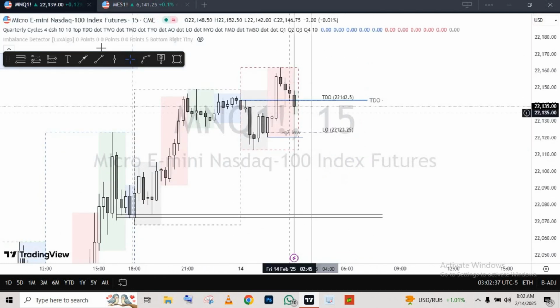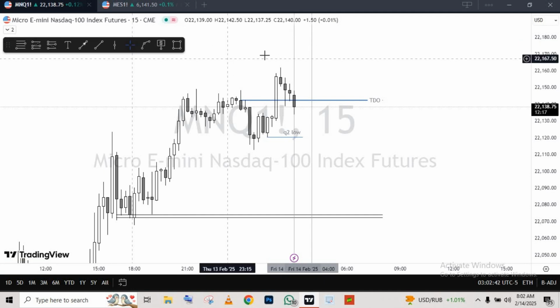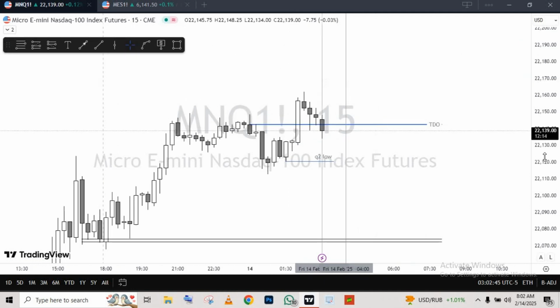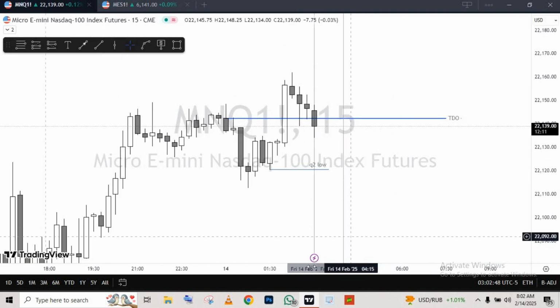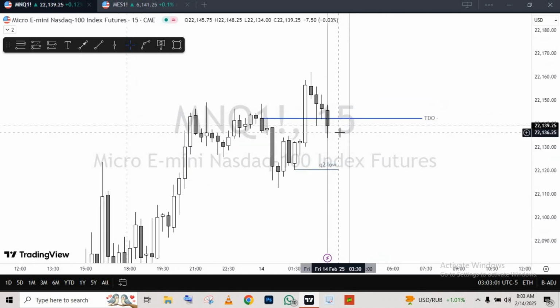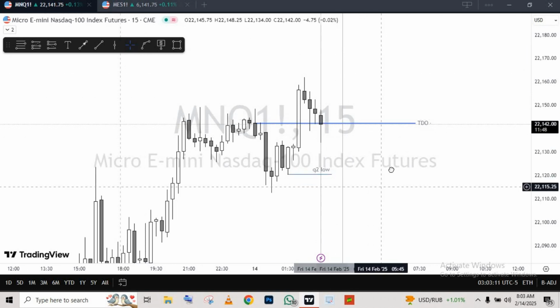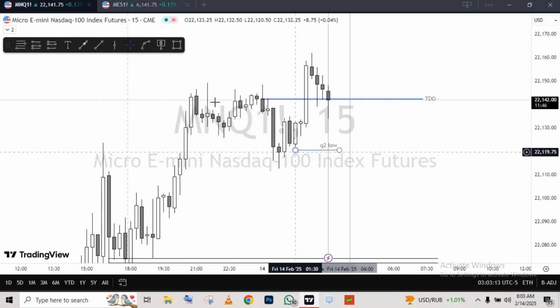This is the micro E-mini Nasdaq, and I have similar markup on Nasdaq as well. As you can see, I have the kill zone time annotated from 3 to 4 a.m. And I also want to see similar price action: we hammer this low and then we move up. But looking at how NQ is acting the strongest of the assets, Nasdaq may not be able to come below these lows and do this.